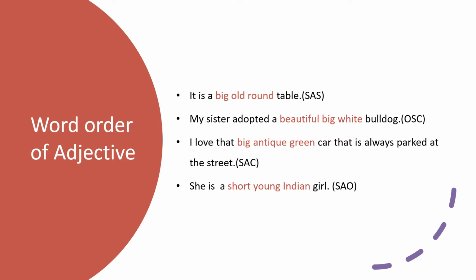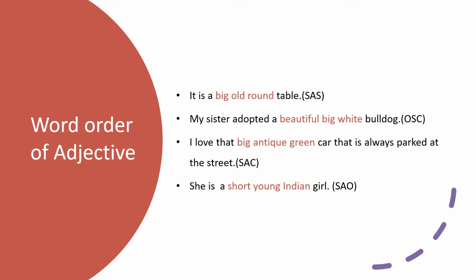For example, in the first example, it is a big old round table. The formula which has been used is SAS. So S stands for size, A for age, and the other S for shape. So big, old, round have been used in this manner. In the next example, my sister adopted a beautiful big white bulldog. You can see beautiful, big, white, OSC, that is opinion, size and color in order.